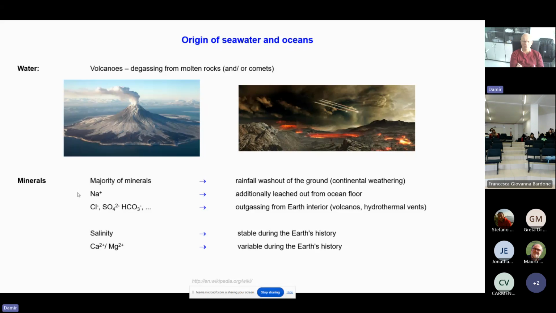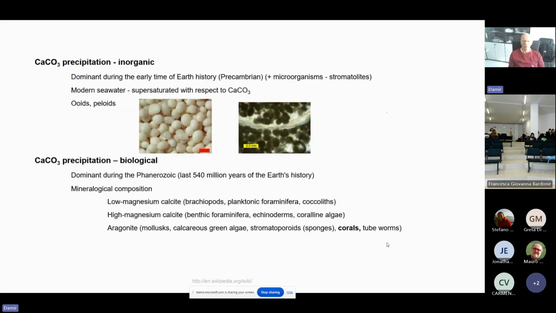The fact is that the salinity of seawater is stable during history, but the ratio of calcium versus magnesium changes. And this is very important and relevant for seawater, and you will see later on the precipitation of calcium carbonate.